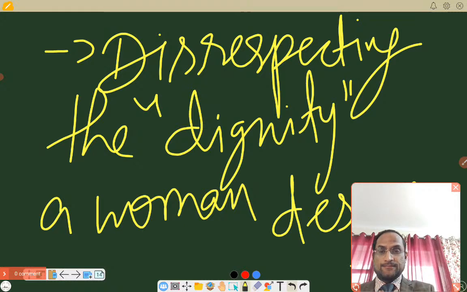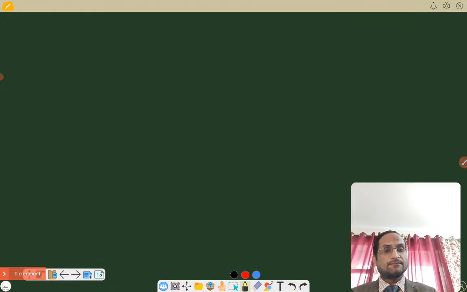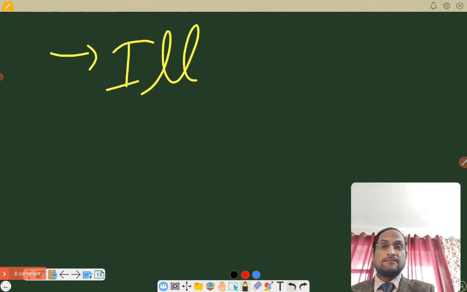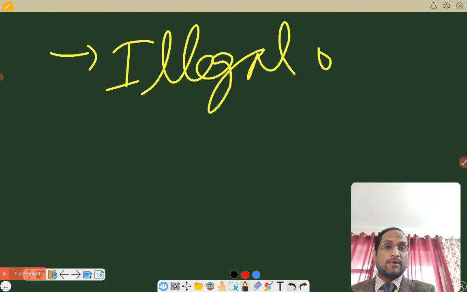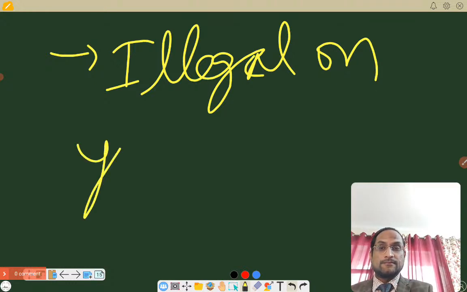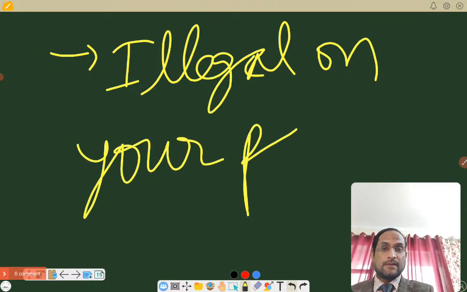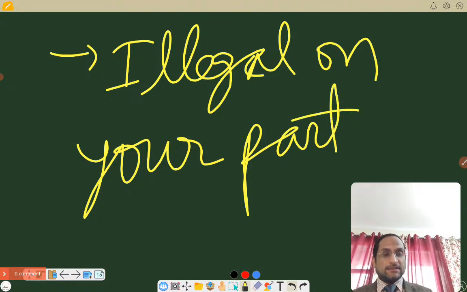Then comes your second part. By choosing to ignore this crime, you yourself are indulging in the crime. So it is illegal on your part. Because it is the duty of every citizen, it is the duty of every person not only not to indulge in the crime but to report if some crime is getting committed.